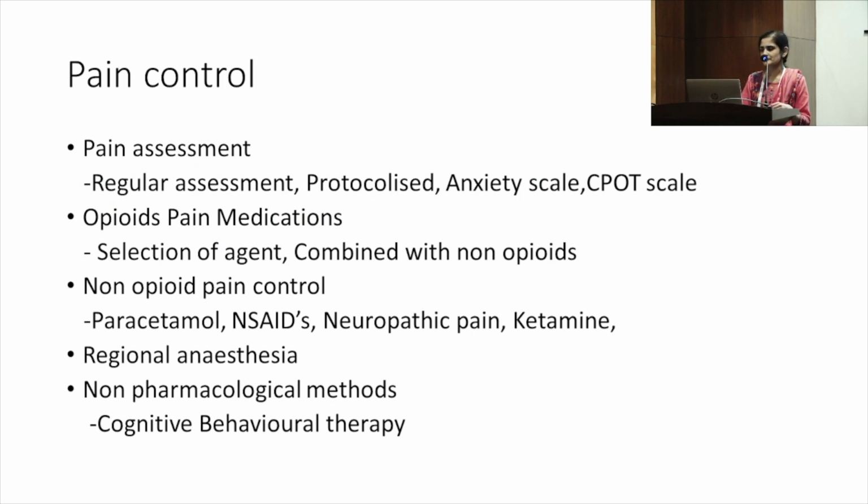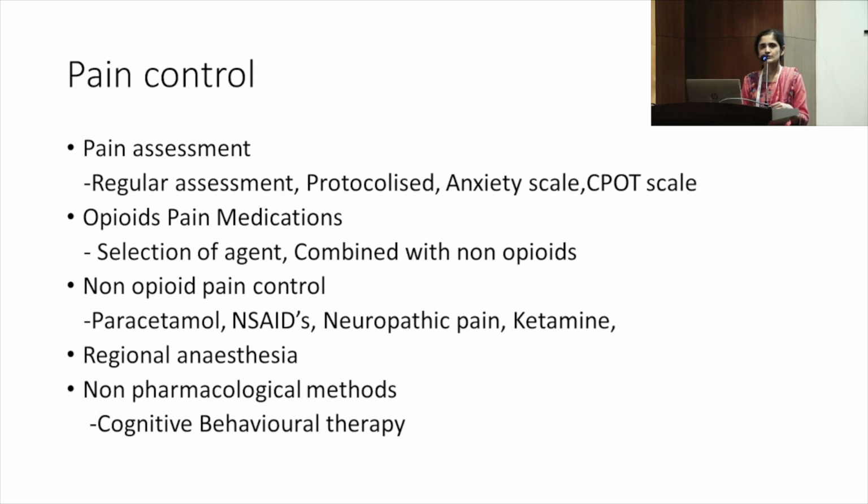The easiest scale you can use is the critical care pain observation score, which takes into account components like facial expression, change in muscle tension, or how compliant the patient is with the ventilator. So there are 3 to 4 parameters you can use to objectively assess pain.